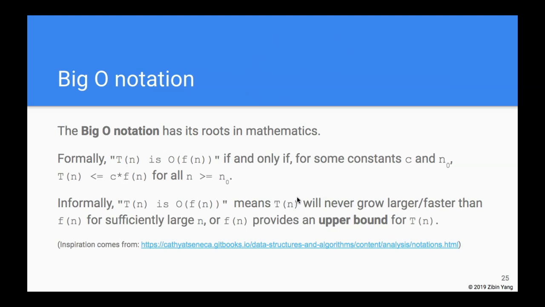Basically, it's just trying to say the time T(n) is never going to grow bigger or faster than f(n) for sufficiently large n. Or if you look at it the other way around, f(n) is an upper bound for T(n).